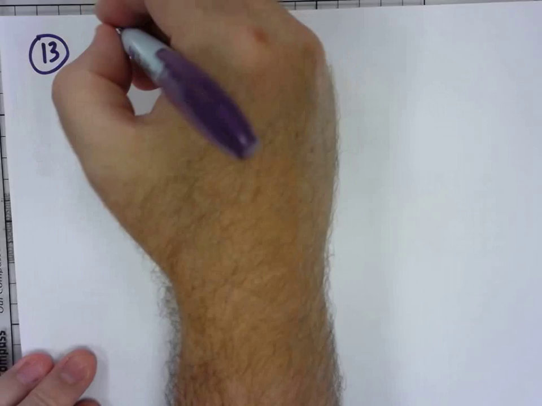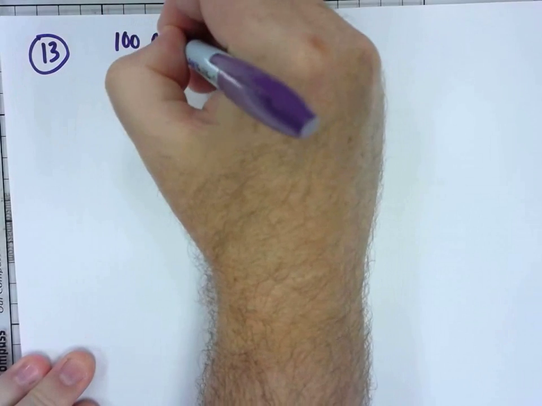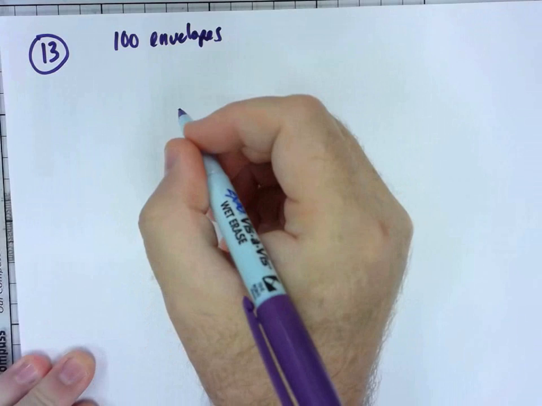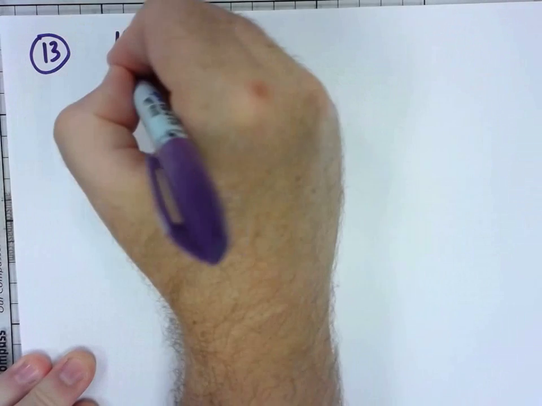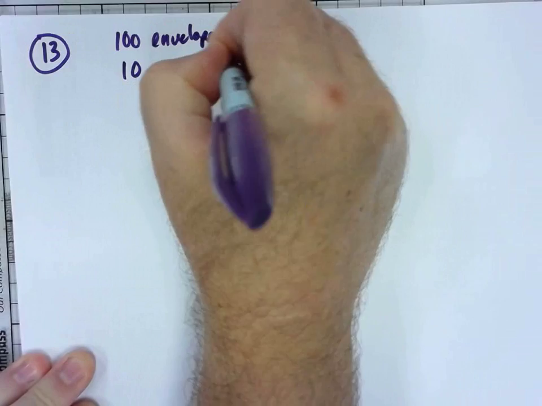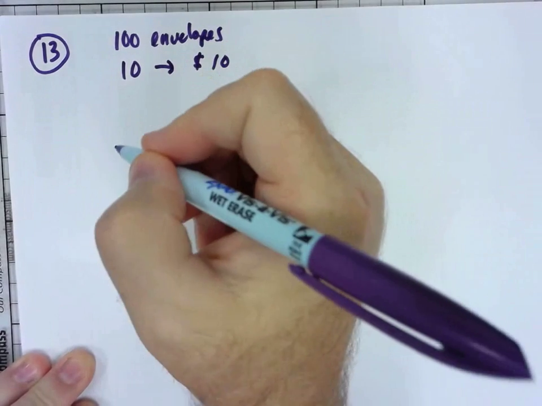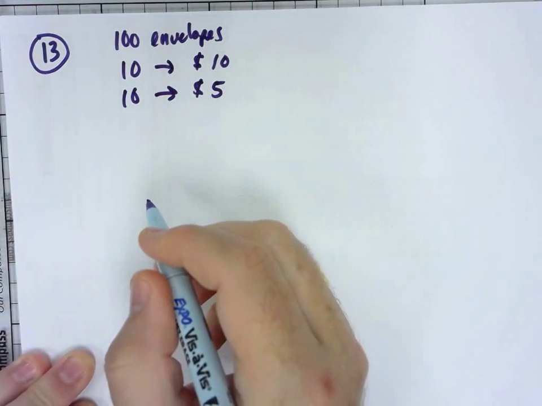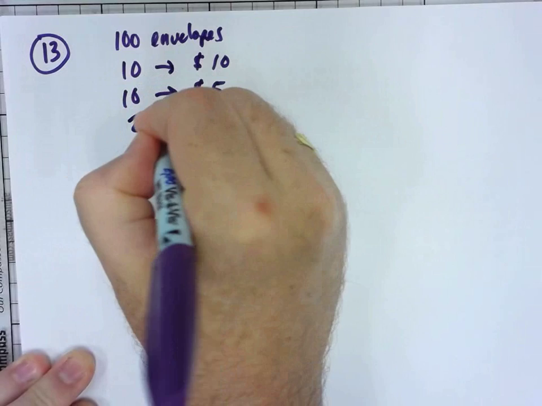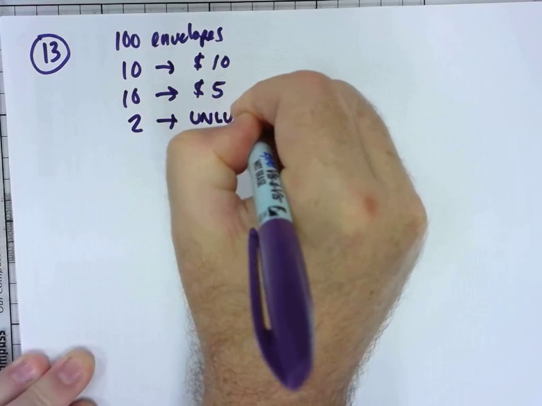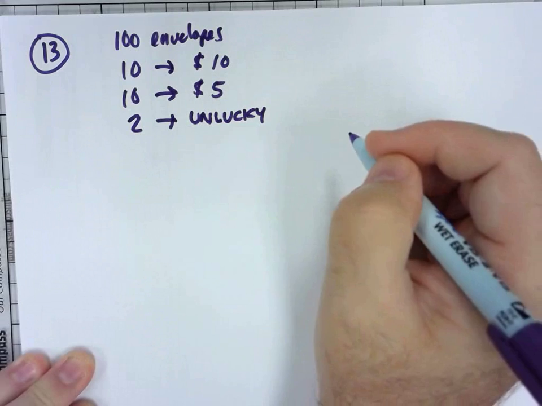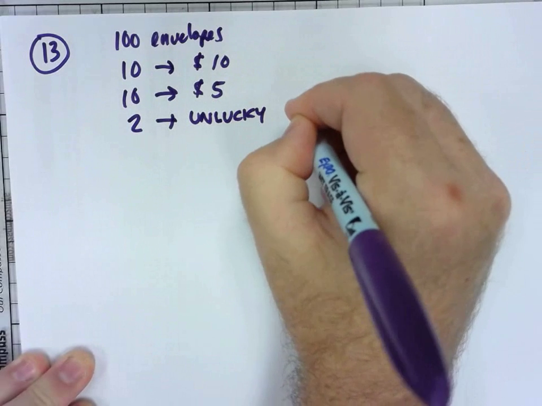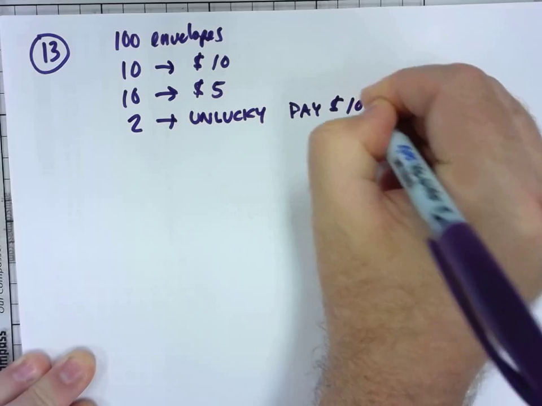Okay? So again, just like last time, the first thing to note is that I have 100 envelopes total. They tell you 10 have $10 in them. 10 contain $5. And you have 2 that are unlucky. Do you have to pay $100? Yeah. So you pay $100.